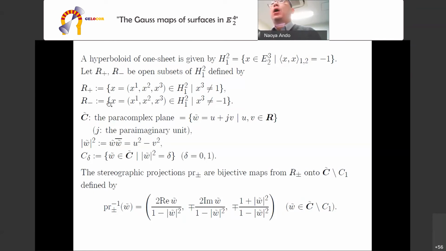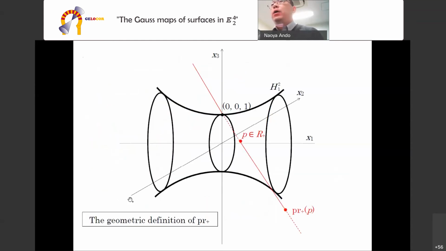We see that R plus, R minus form a system of paracomplex coordinate neighborhoods of H21 by using the stereographic projection. This figure expresses the geometric definition of stereographic projection from 0, 0, 1. This is H21, a hyperboloid of one sheet.